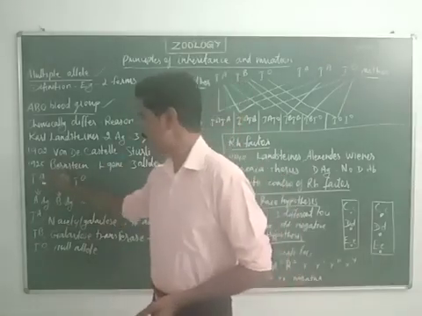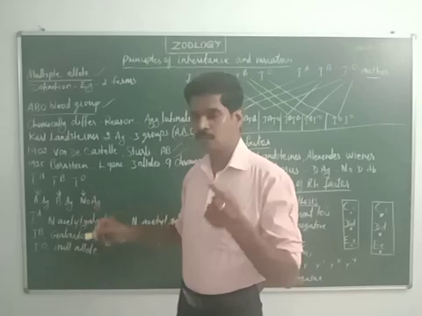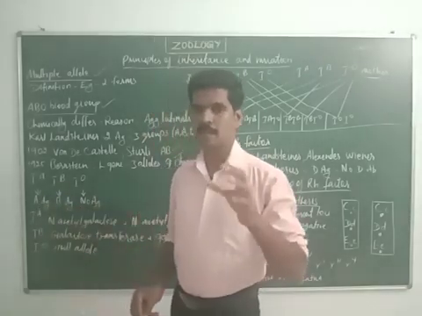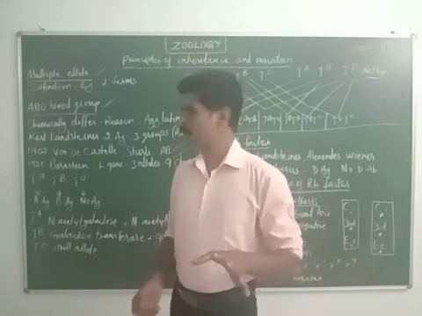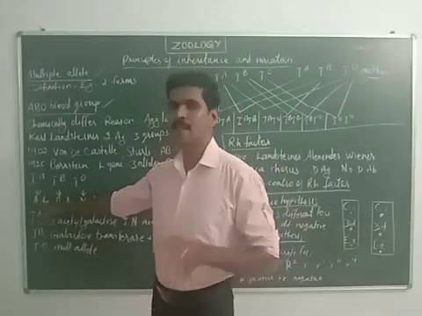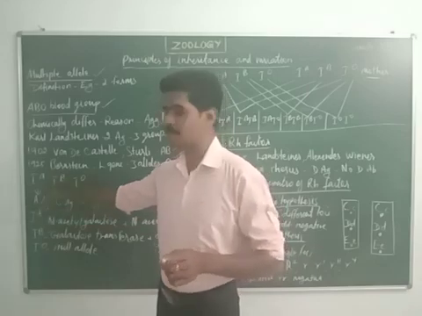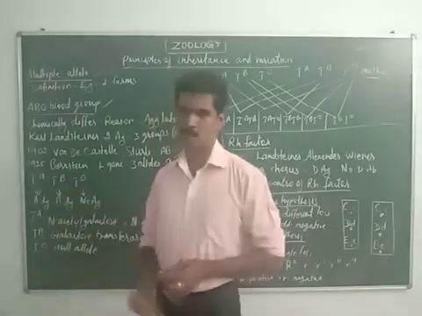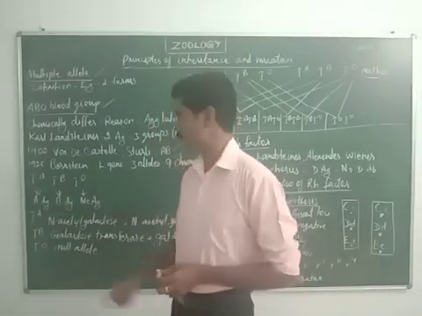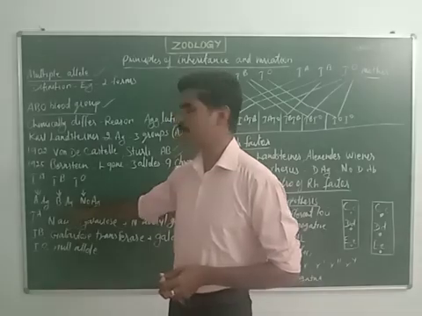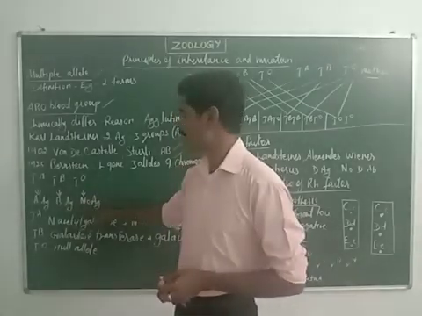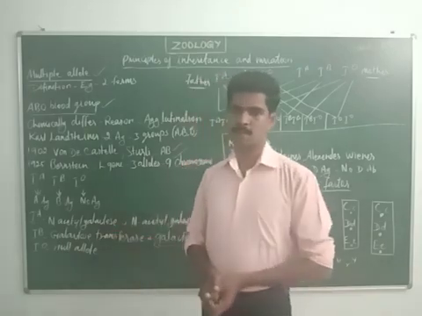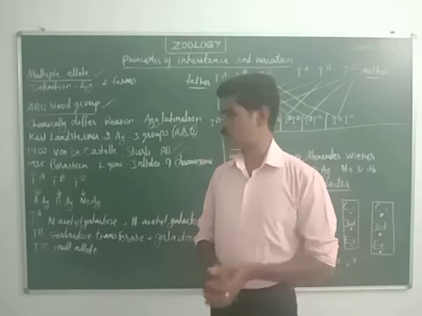If in a person's blood the A antigen is present, that means the IA allele is determining it. So the IA allele determines the A group, the IB allele determines the B group, and the IO allele does not determine any group, so this group is called O group. Hope you understood this part.